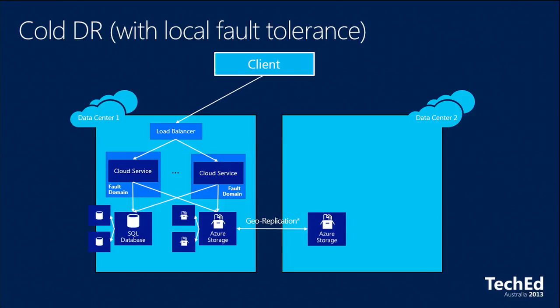And then linked to this is this idea of fault domain. So if you have a look, each of those instances is sitting in its own fault domain. And within Azure, you can think of a fault domain as a single point of failure. So in a lot of our data centers, a fault domain actually maps physically to a rack. So when you deploy your solution to Azure, what Azure is going to do is distribute your workload across the data center.